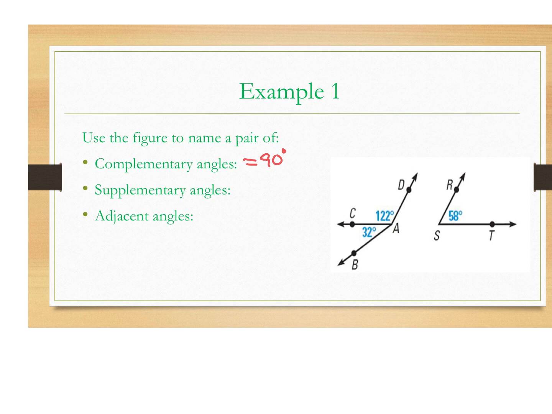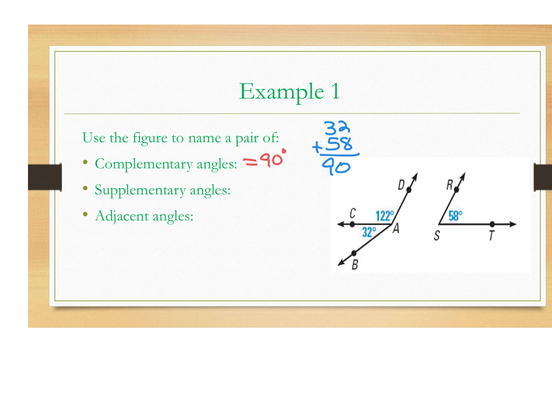In the other angle there, that RST, I could get away with just using 1 letter because there's only 1 angle with a vertex of S. So my 2 complementary angles, or if I try to test it out, if I try to add 32 plus 58, I get 90. So those are going to be my 2 angles that are complementary.